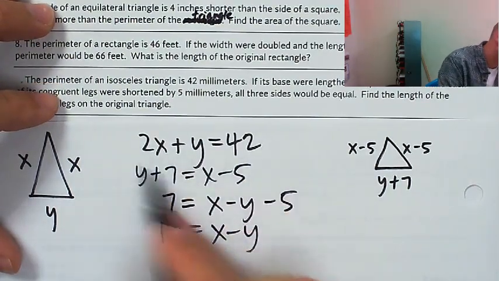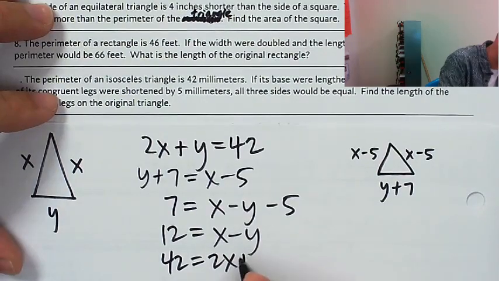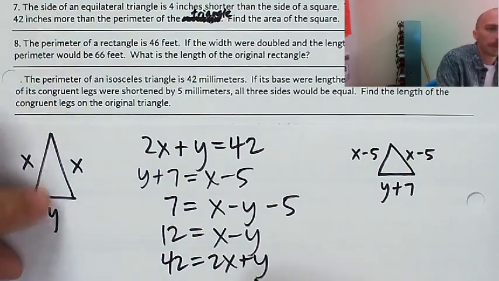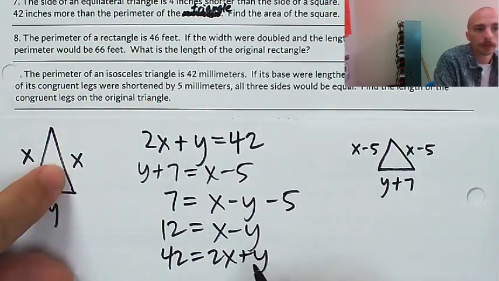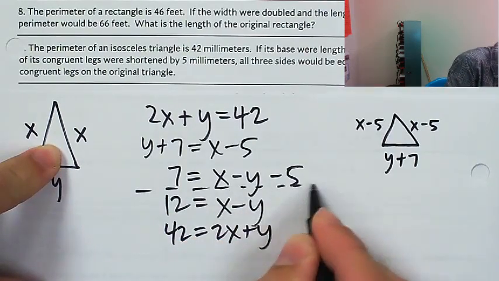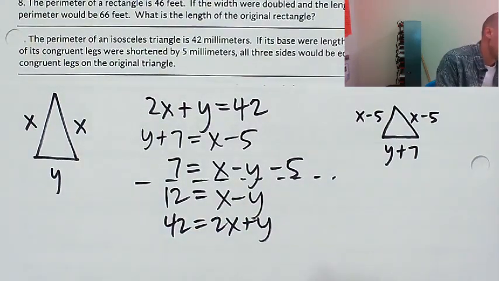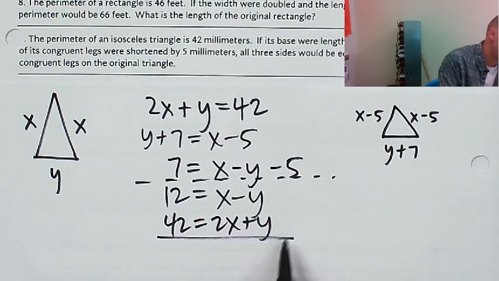Okay, and then I've already got this 2x plus y equals 42. So since I'm going for one of the congruent legs of the original triangle, I want x, eliminating y. And I'm going to add these two equations together because that will eliminate y.